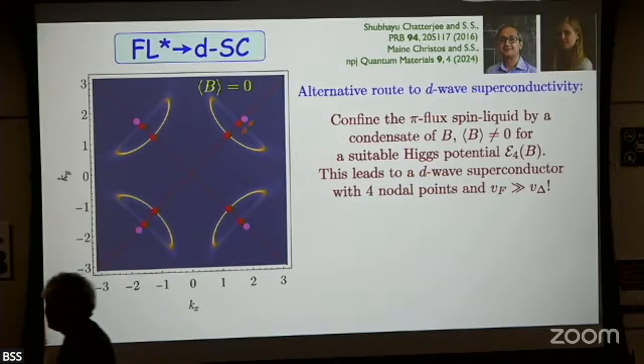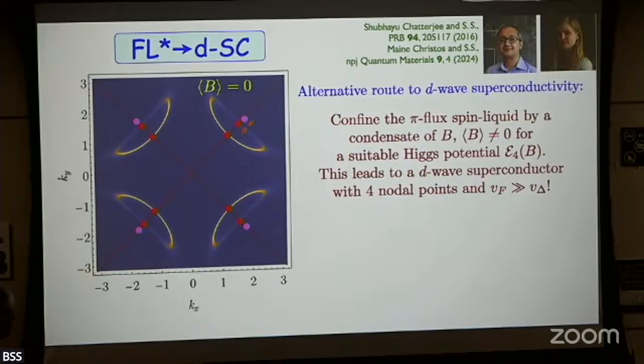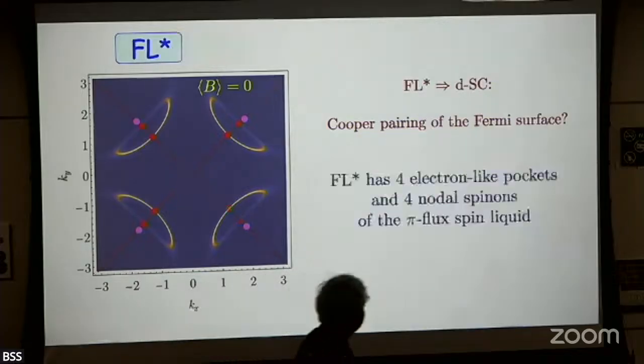Is this calculation self-consistent? Yes, I mean, we haven't done it, but in principle, yes, it's a lot of work. I think Maine may have done some instances fully self-consistently. I don't remember for sure. You plug in some value for the B order parameter, and is it consistent? Well, so maybe let me say that again.